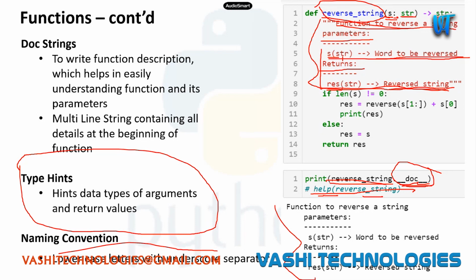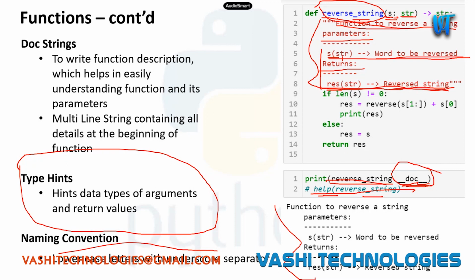If you see this reverse_string, I have used lowercase and I have a separator over here, which is an underscore, right? The function name should be descriptive. By looking at the function name, one should understand at a high level what the function is able to do. The function name shouldn't be confusing. It should be self-explanatory.